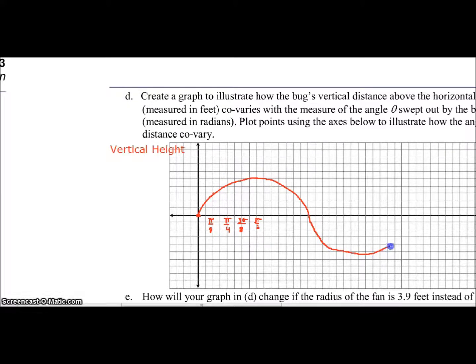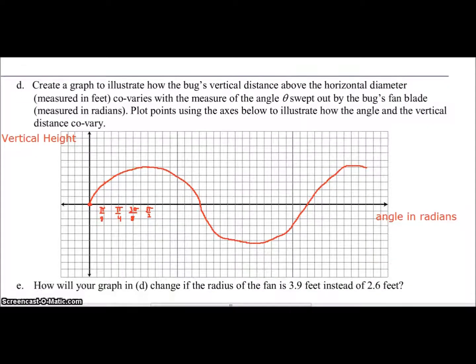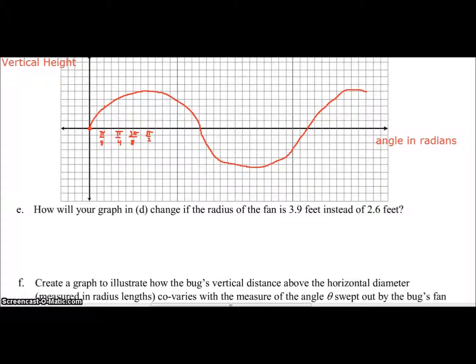But in general, we're going to see something like this. We're going to come back to 0, and then this behavior is going to repeat. This is again the vertical height versus the angle in radians. And that should look like, if you've had precalculus or trigonometry before, a familiar looking periodic function.